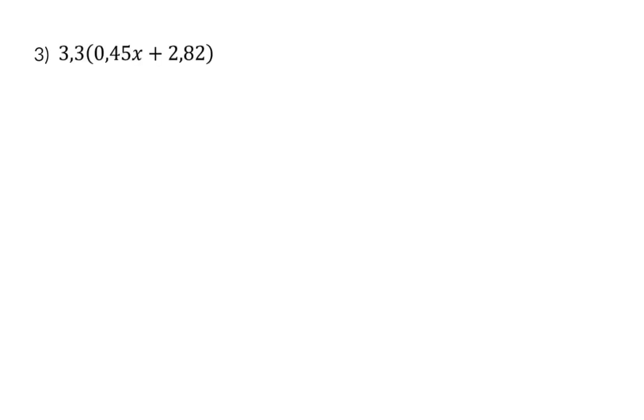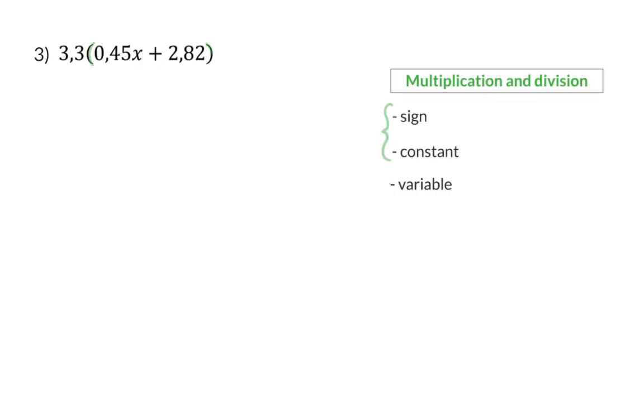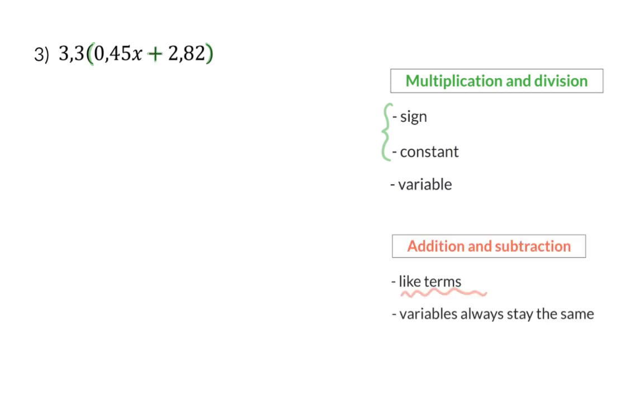In example 3, we now have multiplication as well as addition. But because the two terms in the bracket are not like terms, we cannot add them up. This means we can simplify by multiplying the 3,3 on the outside with each of the terms on the inside of the bracket.